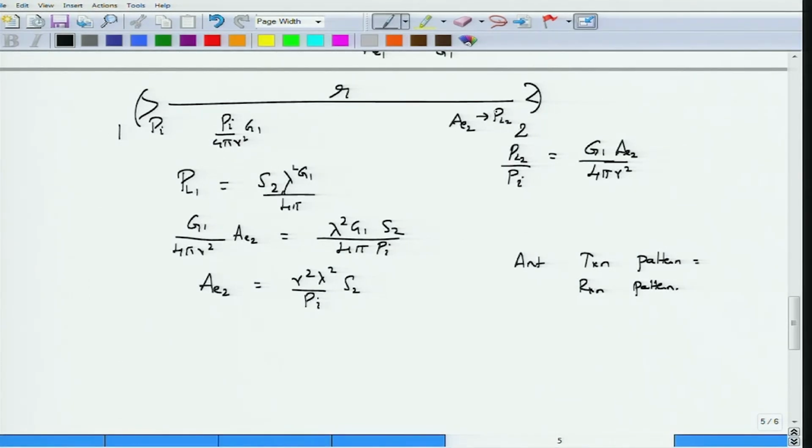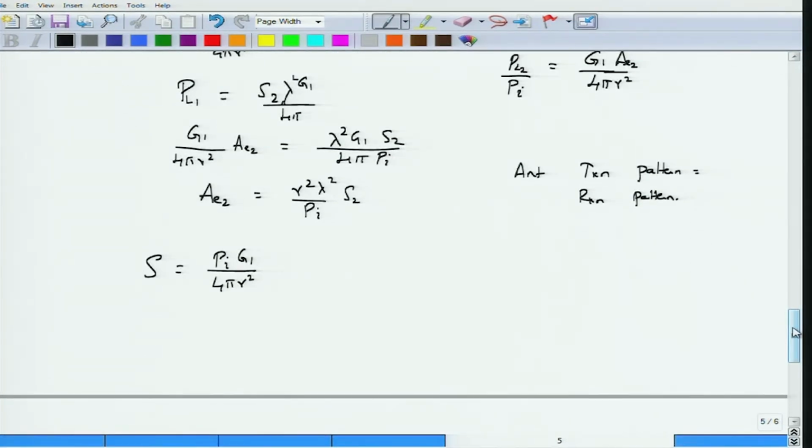So, at the second antenna, the power density that the second antenna is receiving is given by Pi G1 divided by 4 pi r square. This power is actually converted into the load power by the second antenna. Not the entire power is converted, only the effective area times this S is converted, because the effective area captures the antenna's ability to convert the incident power density into the load power.